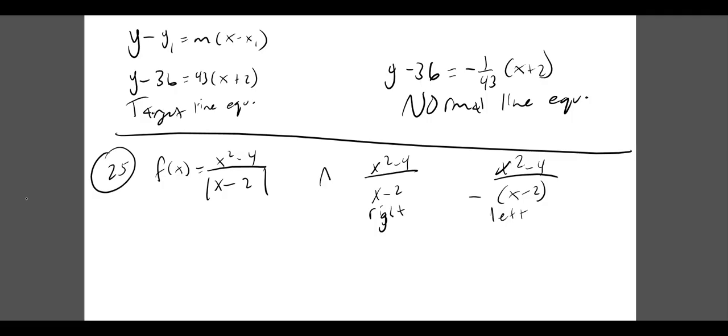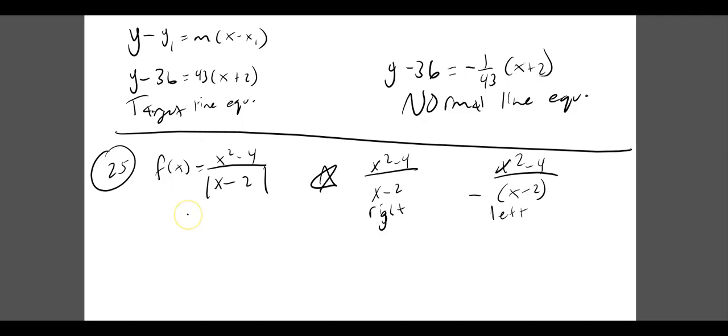Again, this is algebra concepts that I just assume you know because you're in calculus. So for the first one, A, when it says, what's the limit as x approaches 2 from the left, you're going to use this equation.